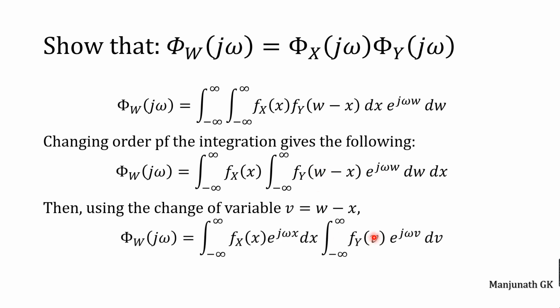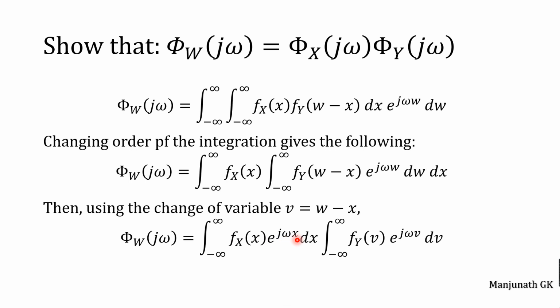So it is replaced here. This can be written as e to the power j omega v into e to the power j omega x. That j omega x is written here and j omega v is written in this case.